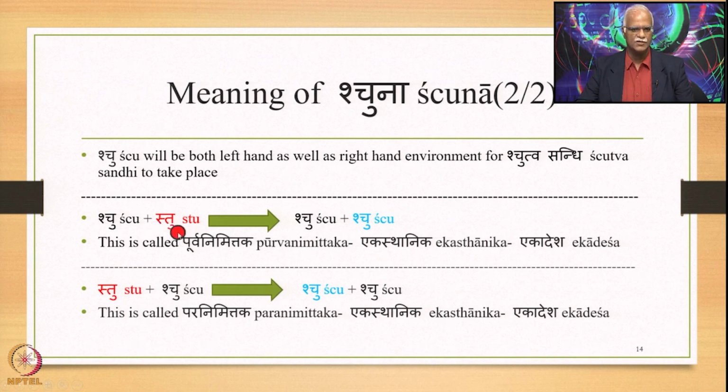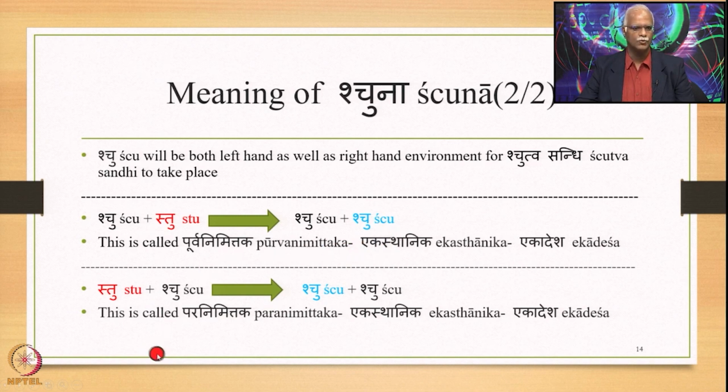There is association of this stu, the sthani, with the nimitta, and so now stoshchunashchuhu applies and substitutes this stu by shchu. So the output we get is shchu plus shchu. This is called purva nimittaka ekasthanika ekadesha.